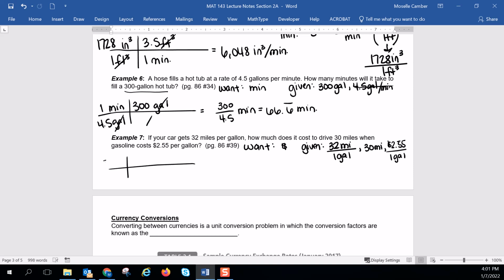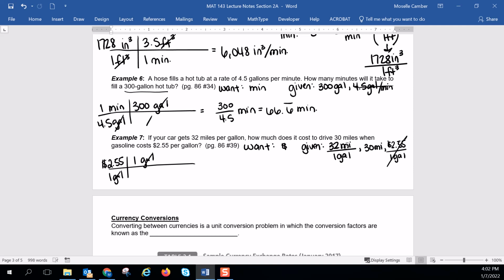Okay, so start with what we want. So we start with dollars. What do I know about dollars? Well, I know that we have $2.55 for each gallon. Well, I want dollars in my answer, but I don't want gallons. So what else do I know about gallons? Well, I know that 1 gallon will get me 32 miles. So I put gallon on top so that those two cancel.